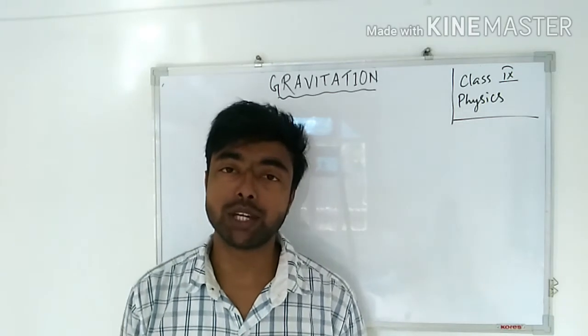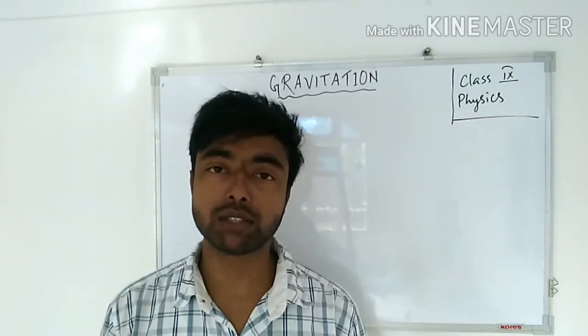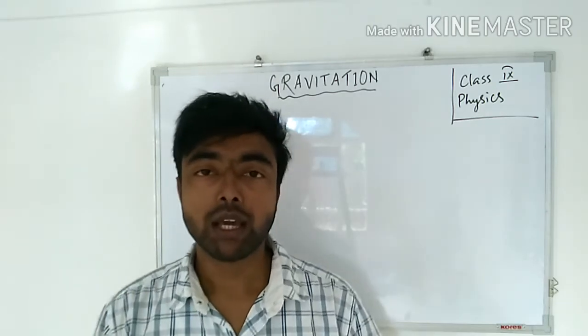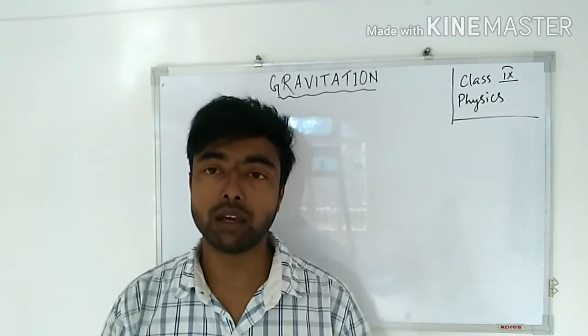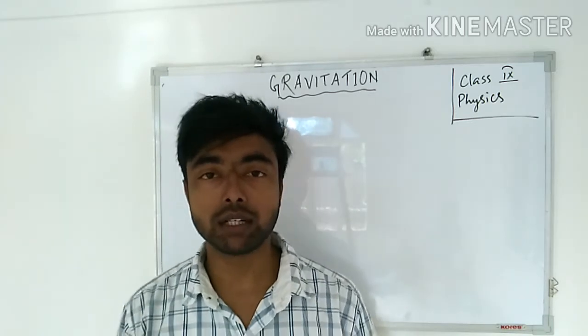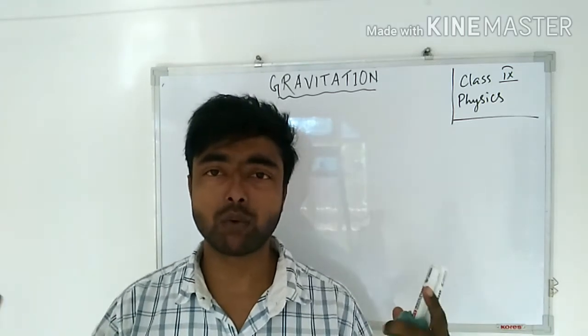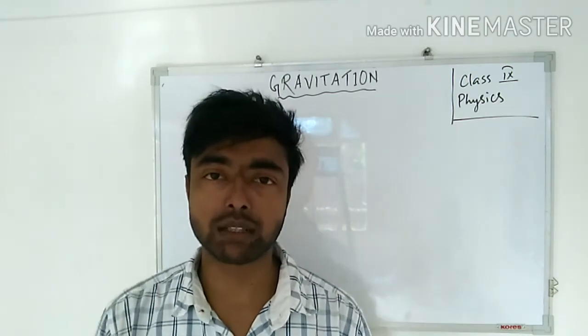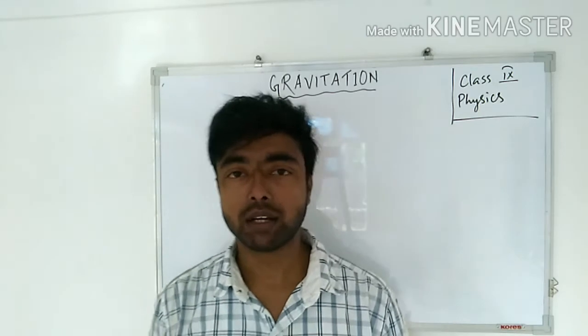So let's start today's class. It is a new chapter which is known as gravitation. What do you mean by gravitation? That is what I'm going to explain. Gravitation is actually a field of study where we will study the different objects and the force between two objects, like the moon, the sun, and the planets.